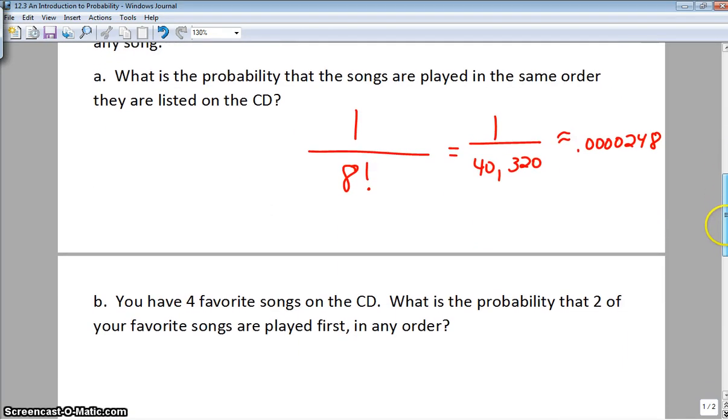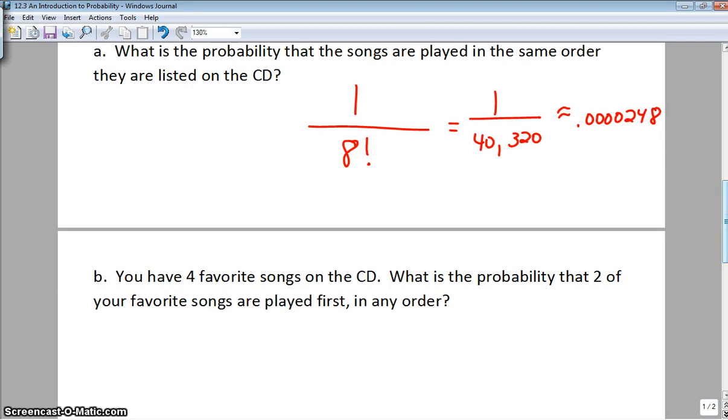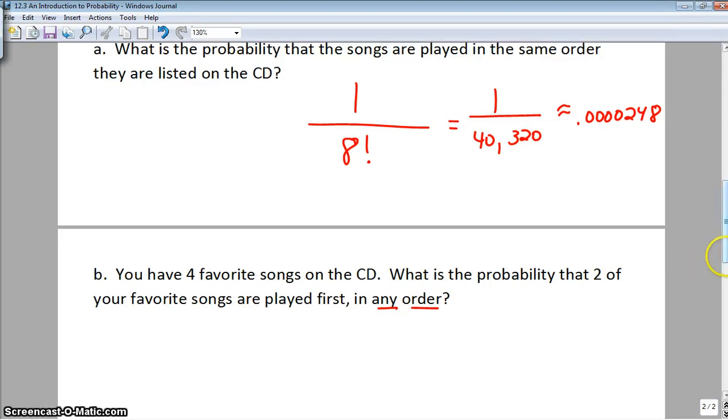Okay, so then we'll take it a step further, and we'll say that suppose you have 4 favorite songs on the CD. What is the probability that 2 of those favorite songs are played first in any order? So the clue in any order tells us that we are not dealing with permutations here. We are dealing with combinations.